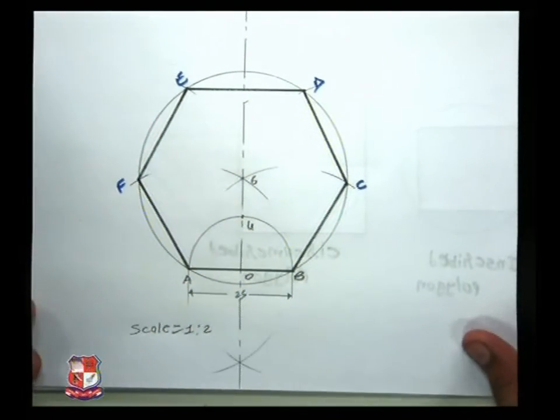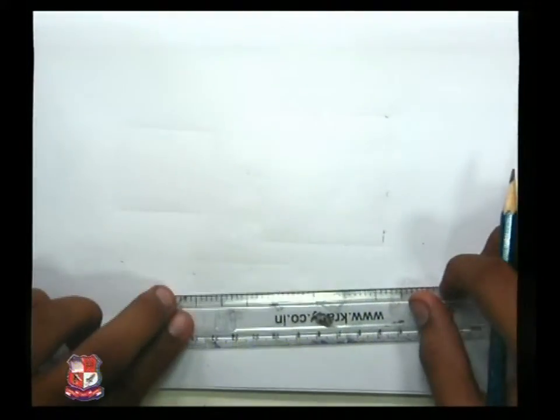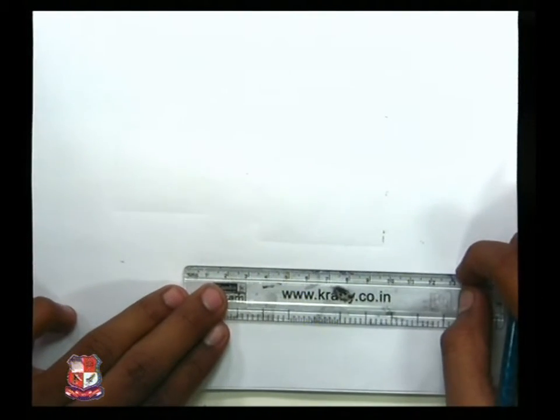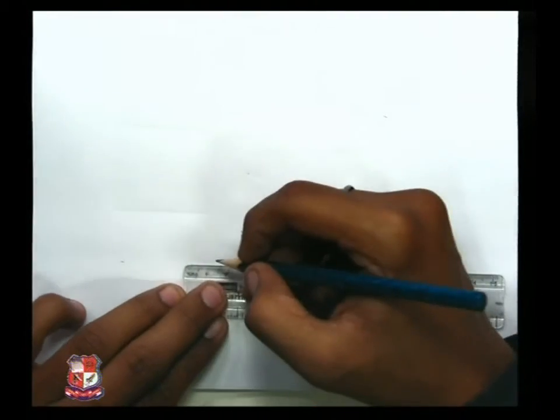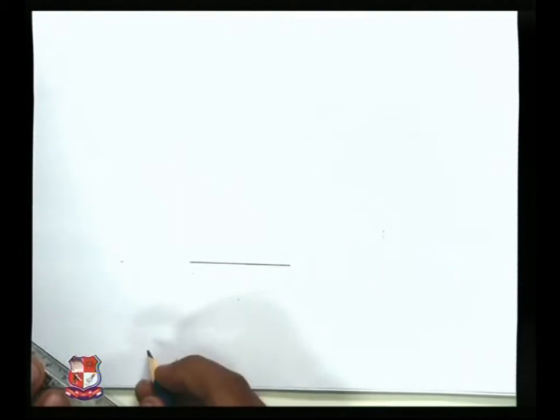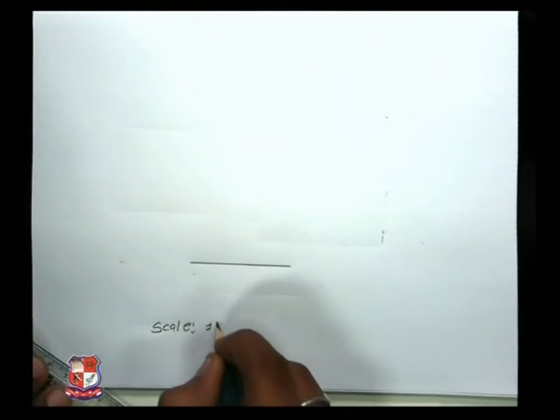Let's repeat this procedure once again so that you can have a clear brief idea. What are you going to do first of all? First of all you are going to draw a line of 25 mm. For better viewing purpose, I am drawing a line of 50 mm, hence I have written scale 1/2 over here.